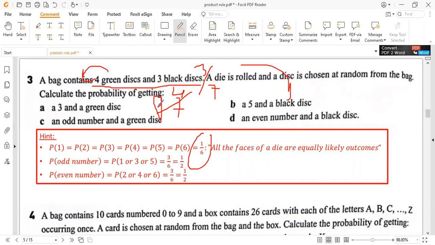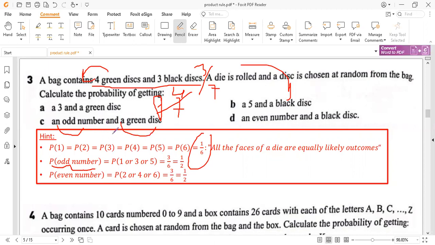Good. So for example, in part C, we want to find the probability of an odd number and a green disc. We keep in mind these 2 events, rolling a die and the selection of a disc from the bag.